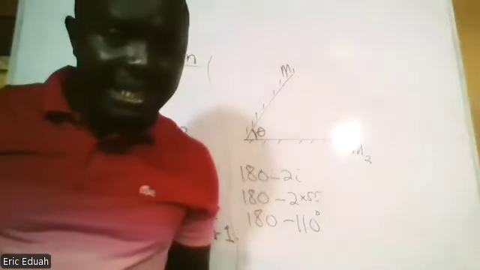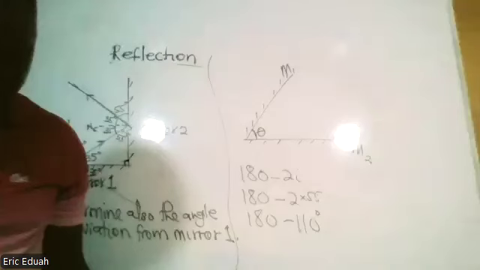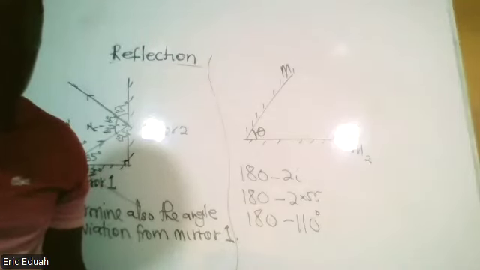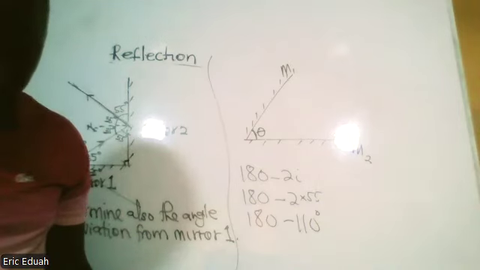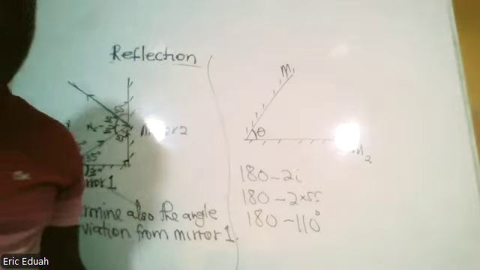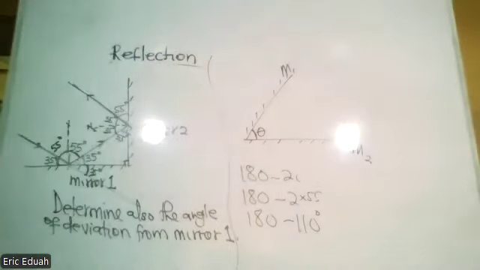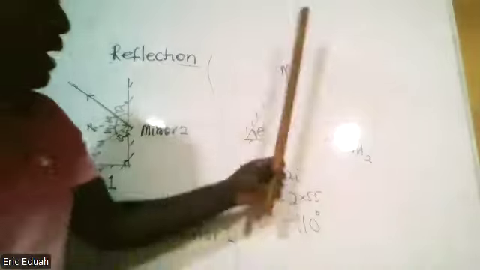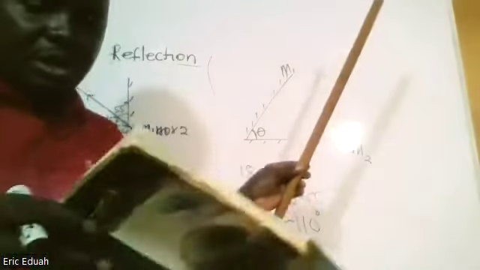A ray of light 1, which is parallel to M1, strikes M2.